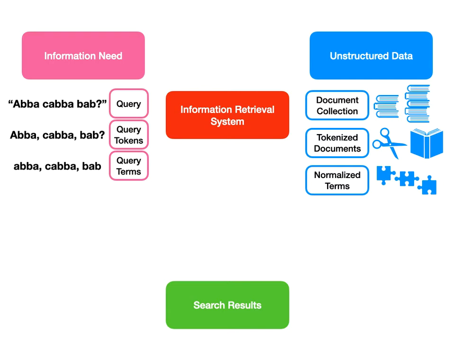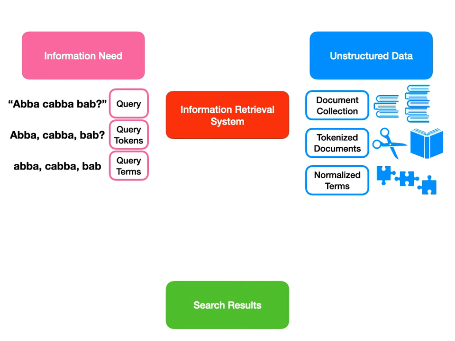And now they are in the same terms as the documents are. So we have pulled all the documents down into these terms, and we've pulled the query down into these terms. And now we're going to use an information retrieval system in between them to find the documents that contain our answers to our information need, right?